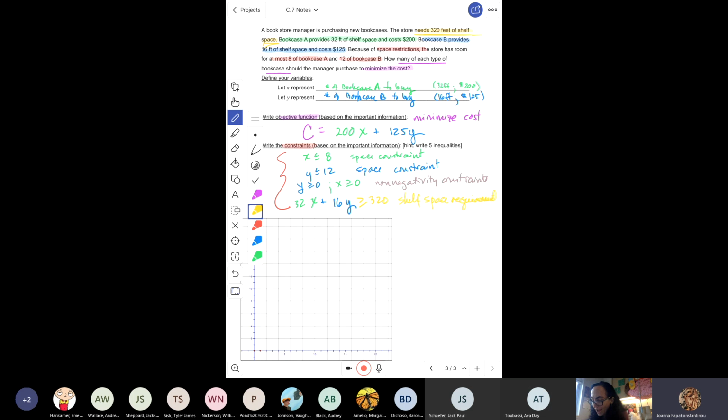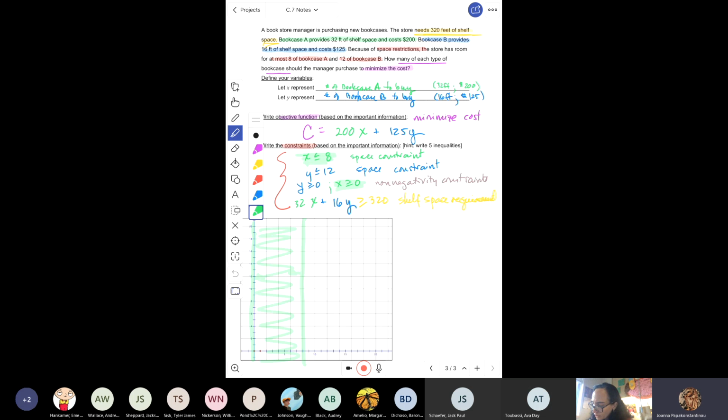So now I'm going to start graphing these. Now I know X has to be between 0 and 8, right? Let me shade it. I'm looking at solid lines at 0, shading this way, and solid lines at 8, shading this way.